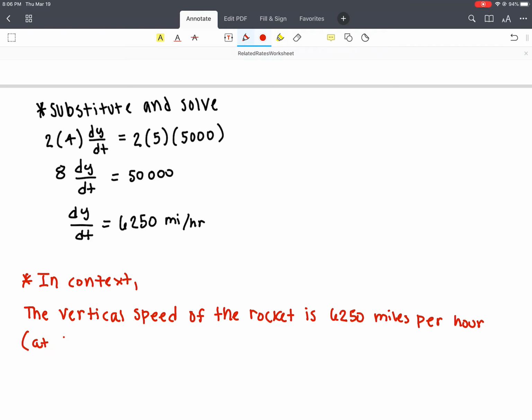And technically, at the instant that the rocket is 5 miles from the radar station.